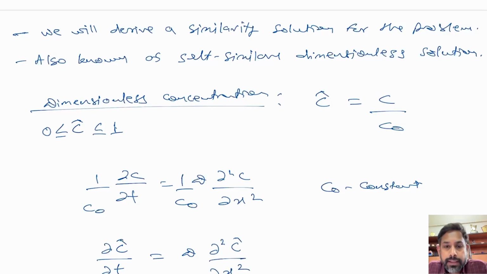All right. So this is a dimensionless form of concentration we get, but t and x are still in dimensional form. So now we have to find a new dimensionless variable that represents time and length scale.